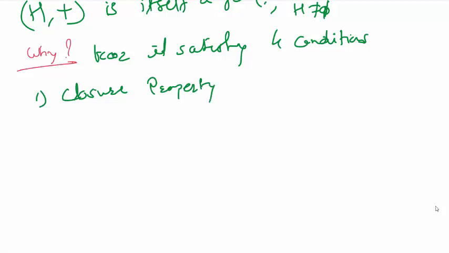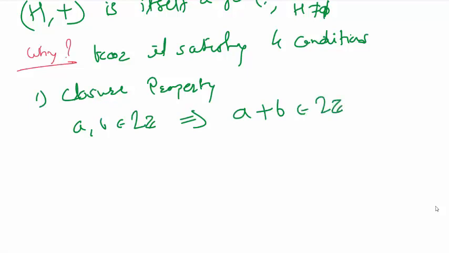What is the closure property? If you take any two elements a, b from 2Z, means H, then clearly a + b, where plus is the binary operation, belongs to 2Z, because the addition of two even numbers is again even.